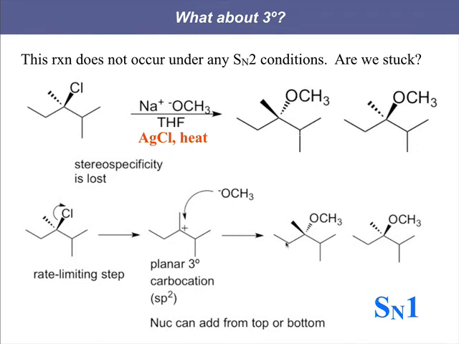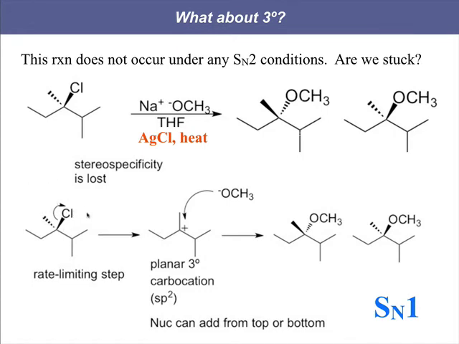Here's how the mechanism works. Rather than the nucleophile attacking first and then the leaving group leaving as a result of that, kind of simultaneously, in one step, in the SN1 reaction, the leaving group leaves on its own. The rate limiting step only involves the substrate.